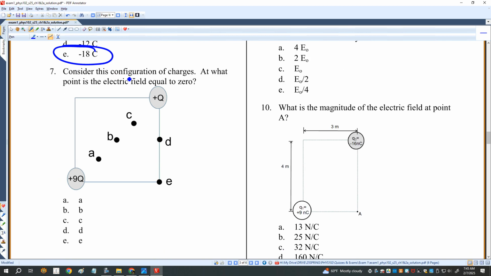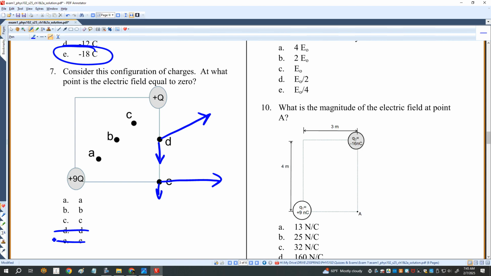At what point is the electric field equal to 0? Let's start by drawing the electric fields here. I get an electric field in that direction and an electric field in that direction, not 0. Here, I get an electric field in that direction and in that direction, also not 0. So it's neither D nor E. They can never be 0.